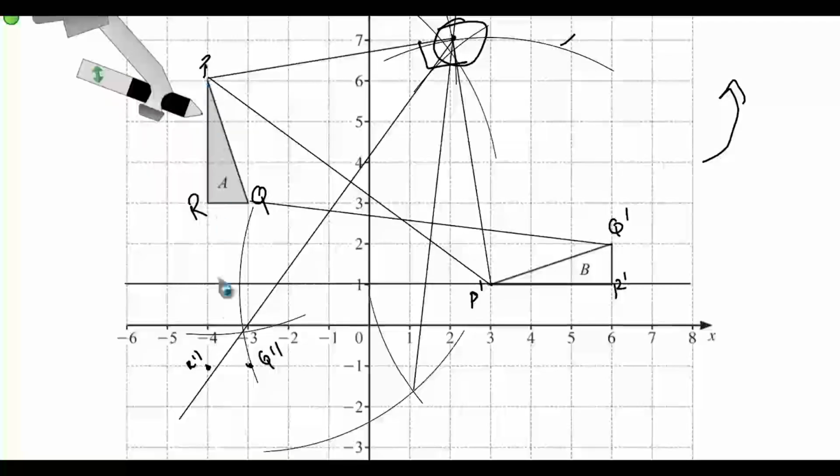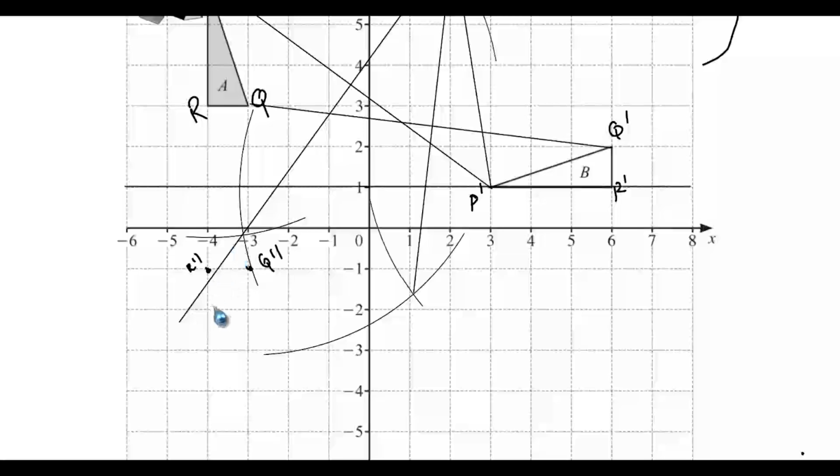Let's scroll down. You should have 1, 2, 3. It should be here. That will be P prime. So we can easily connect them together, this and this, then this and this, and finally this and this. Okay, so that is the reflection.